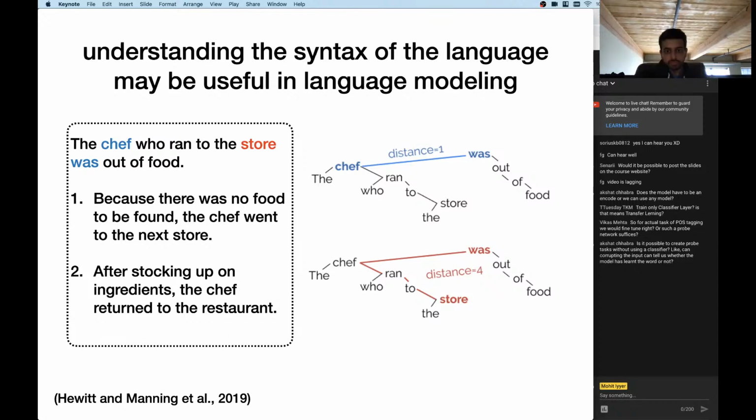we can ask the model, given 2 tokens in the sentence, can we predict the distance between those 2 tokens in the tree? And can we also predict which one is deeper down in the tree? These are 2 tasks that, if we can solve them, let us essentially reconstruct the tree.